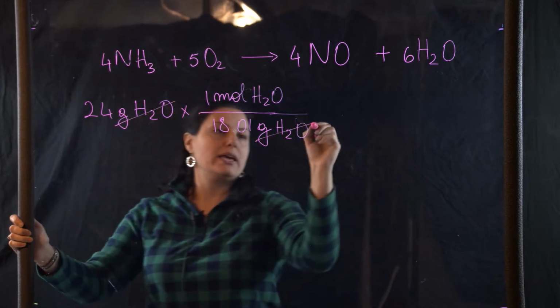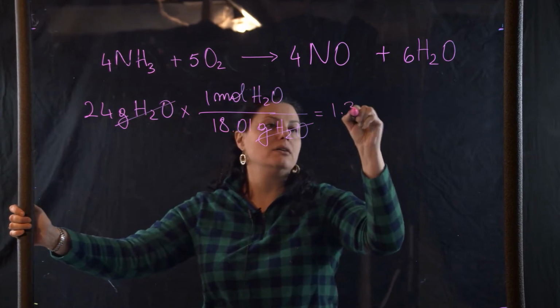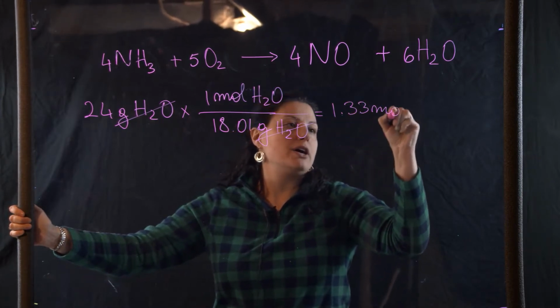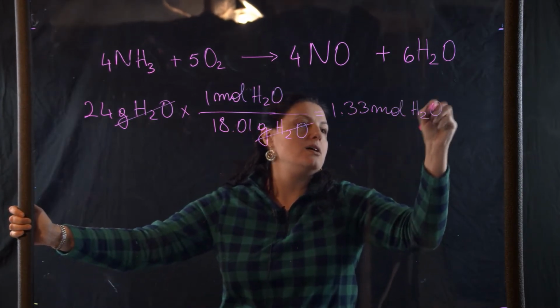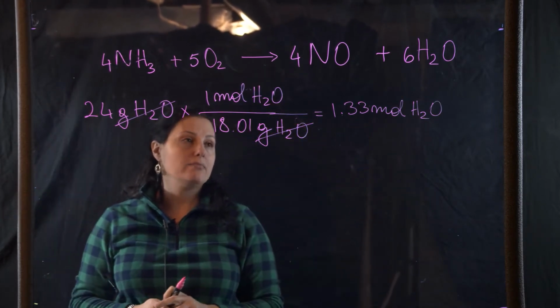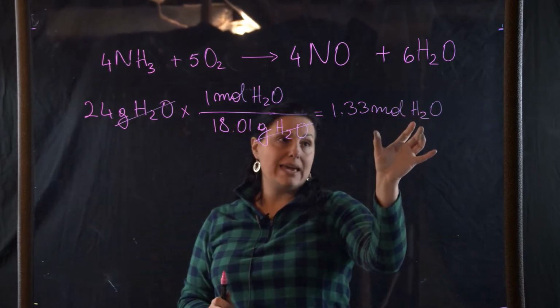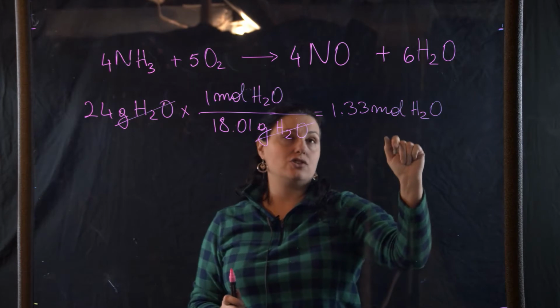So my grams will cancel, and I get 1.33 moles of water. This is how much water 24 grams is, how many moles. Okay, this is how many moles of water I made at the end of the reaction.